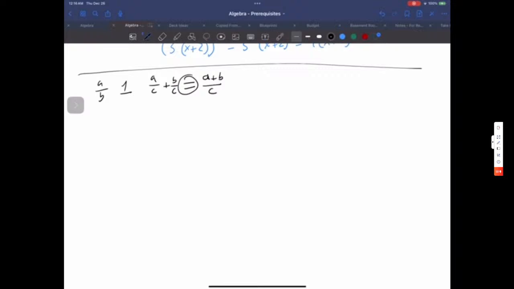The reverse is not true. If you have a over x plus b, you cannot take it back out to a over x plus b over, a over b. Let's rewrite that.